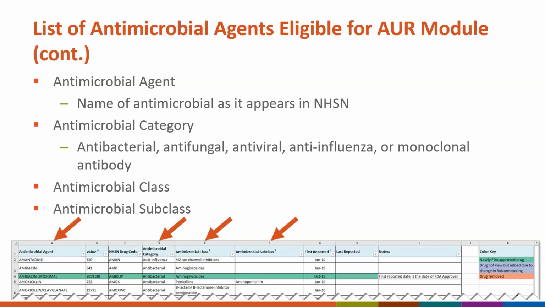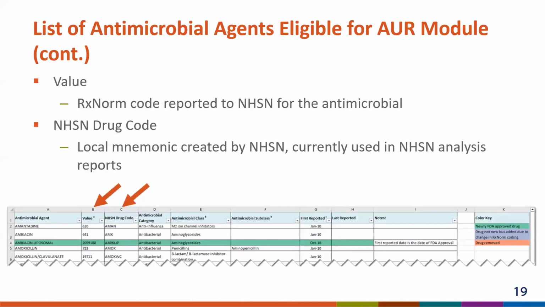So going over the spreadsheet, the antimicrobial agent column is the name of the antimicrobial as it appears in NHSN. The antimicrobial category is going to be either antibacterial, antifungal, antiviral, anti-influenza, or monoclonal antibody. Then we also have the antimicrobial class and antimicrobial subclass. The value column is the RxNorm code reported to NHSN for the antimicrobial.